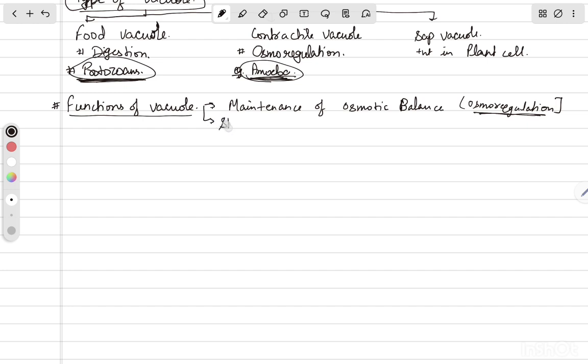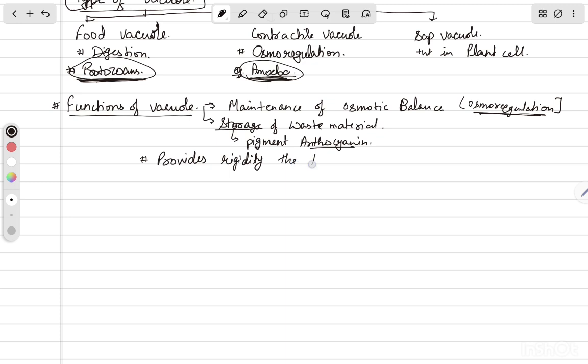Next function is storage of waste material, and it is also used for storage of some pigment, that is anthocyanin. Anthocyanin is a pigment which gives color to the petals, right? Next, it provides rigidity to the plant cell.